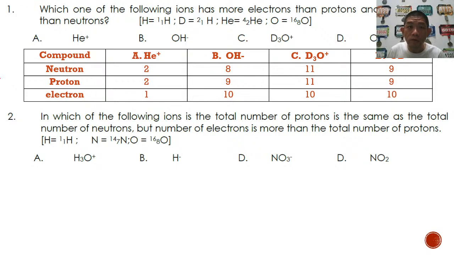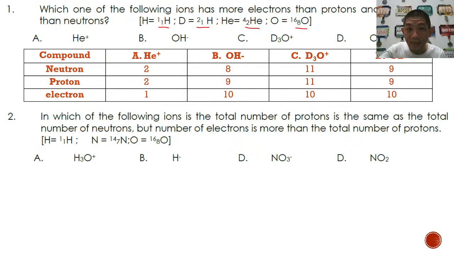So how would you deduce? You can see up here you have this information: hydrogen 1 1, deuterium 2 1, helium 4 2, and oxygen 16 8.